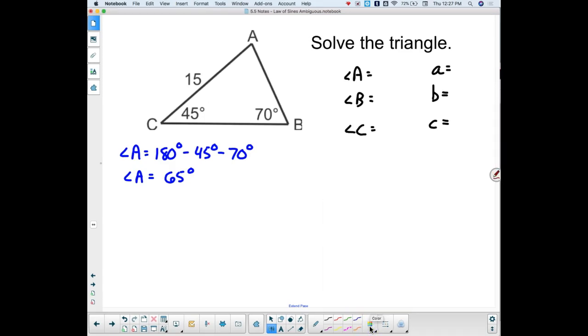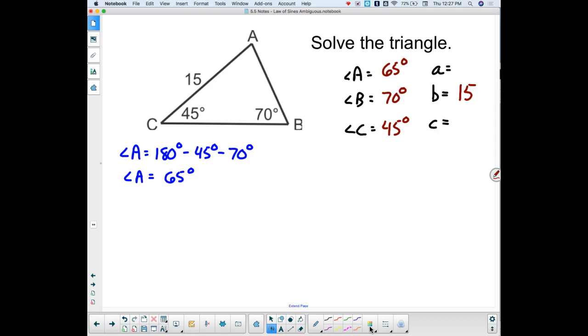So angle A is 65 degrees. Angle B we already knew was 70 degrees. Angle C we already knew was 45 degrees. Side B we know already as 15.